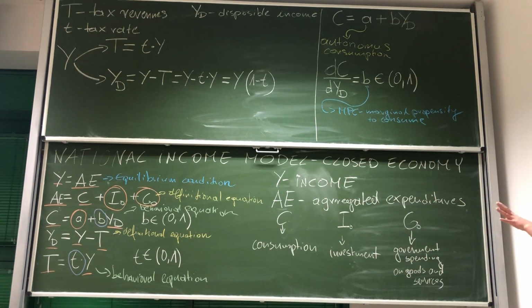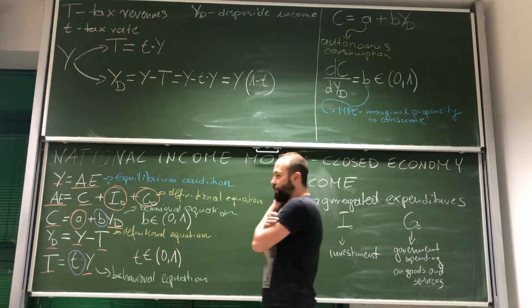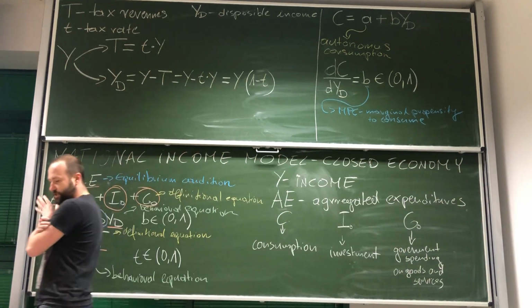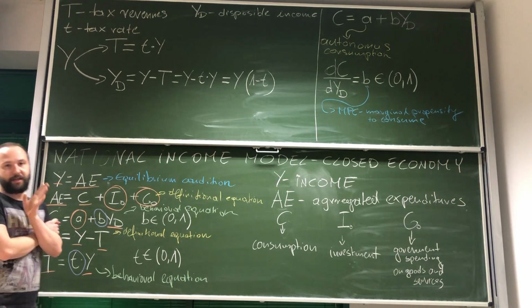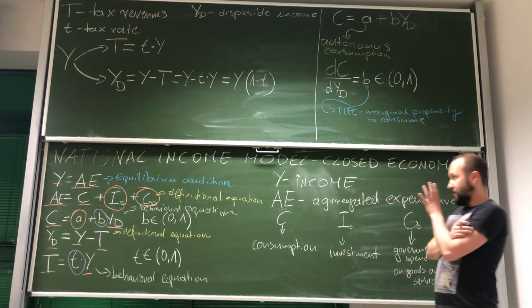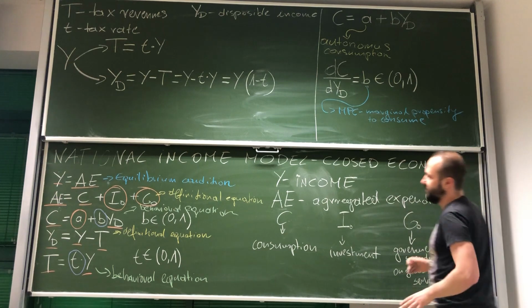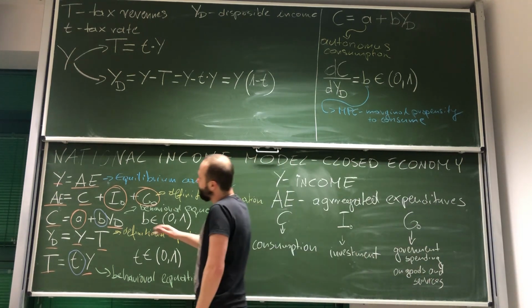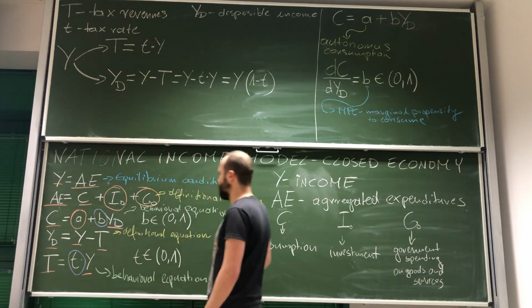Okay, so look, at this moment, we know everything we need to know about the national income model in a closed economy. We also learned that there are 5 variables in this model.